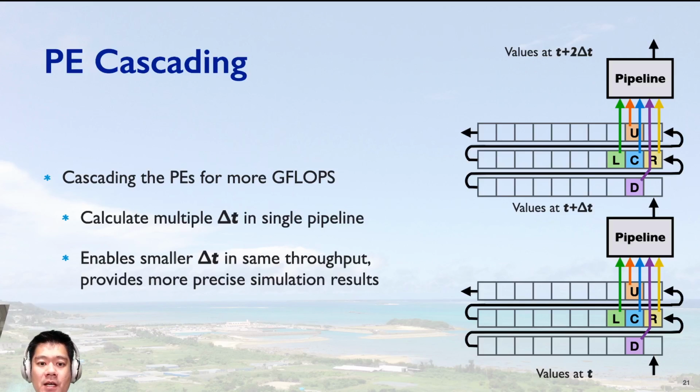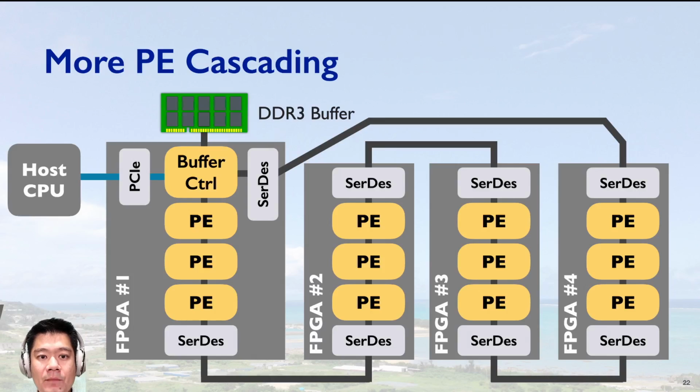The PE can be cascaded to calculate multiple time steps at once. This enables smaller delta T for better precision of results, and also results in more gigaflops. And also the PEs can be cascaded across multiple FPGAs through the serial links.